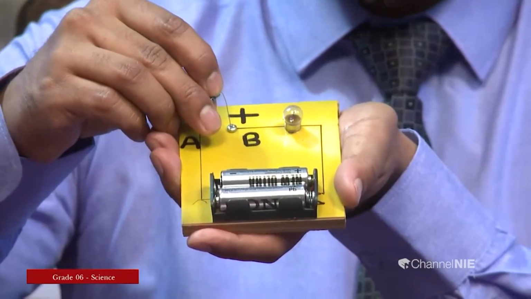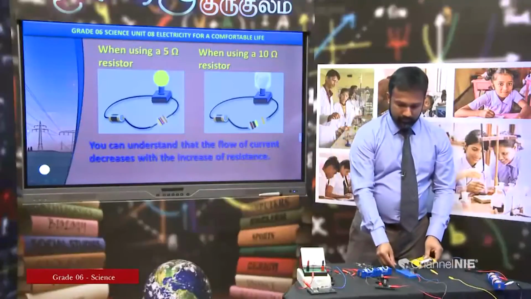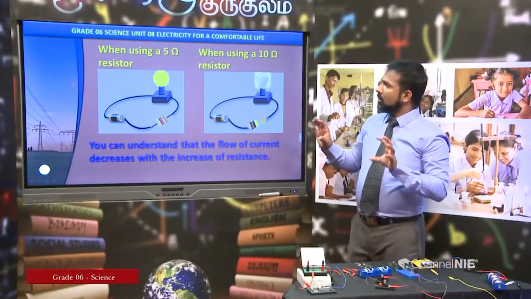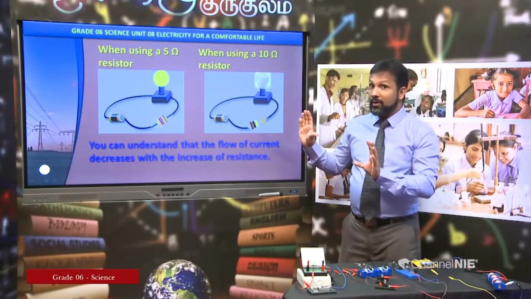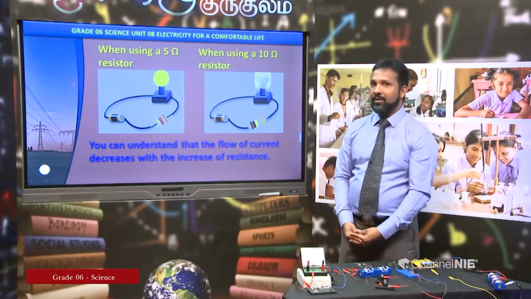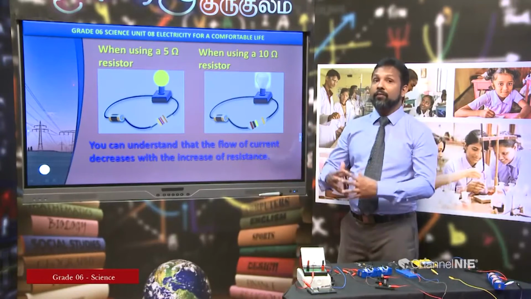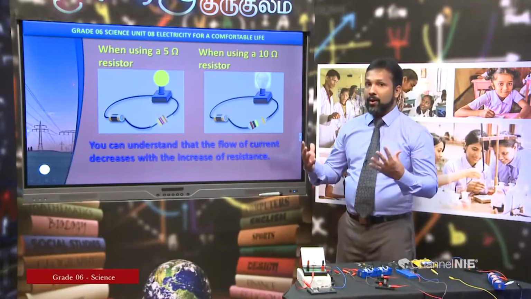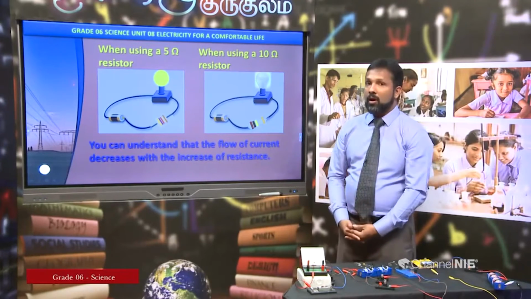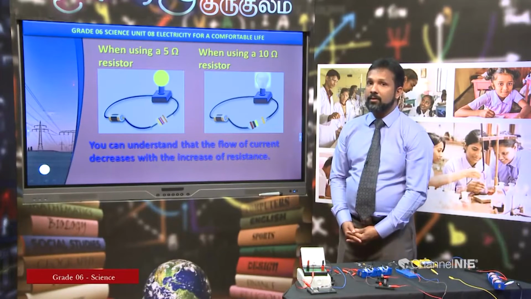Because resistance is very high. Through these simple activities, you could understand the effect of resistance on circuits and also how to differentiate the resistance.